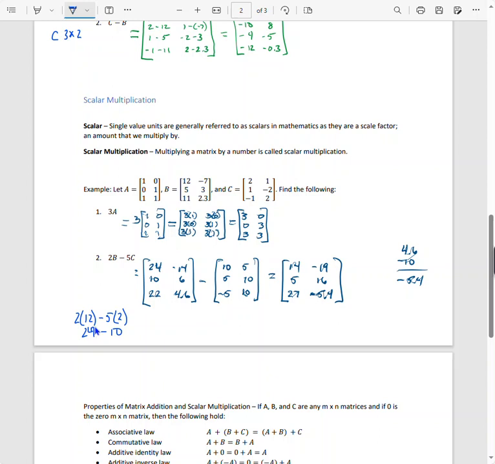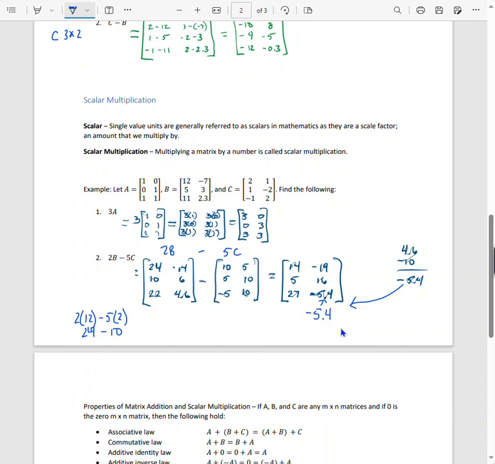So I did 2B, still have my minus sign, and I computed 5C just using my scalar multiplication. And then we do subtraction. 24 minus 10 is 14. Negative 14 minus 5 is negative 19. This is a negative 5.4. They're all sloppy, but they all go in that spot.